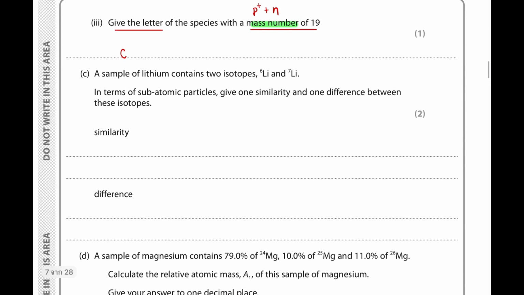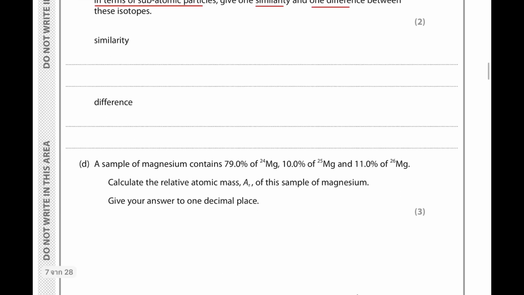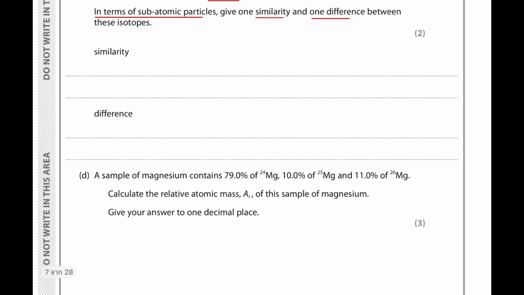Question C. A sample of lithium contains 2 isotopes, lithium-6 and lithium-7. In terms of subatomic particles, give one similarity and one difference between these isotopes. Similarity is they have the same number of protons.